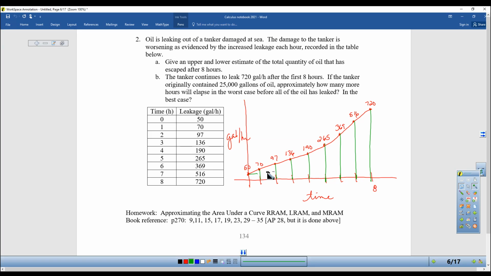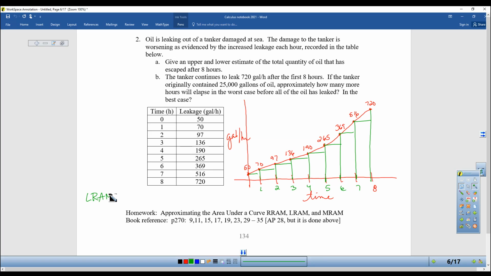So if we did LRAM, we would be underestimating the actual answer, which would be a lower estimate. If we do RRAM, we'll be overestimating. So we're going to do both to see what we get. In each case, the interval is just 1.